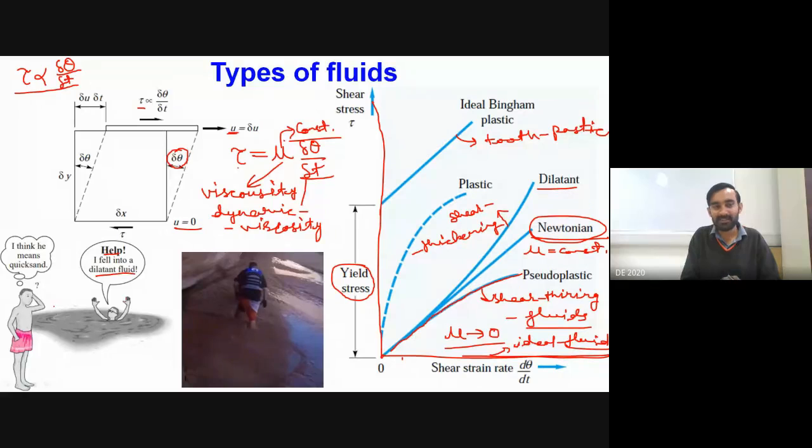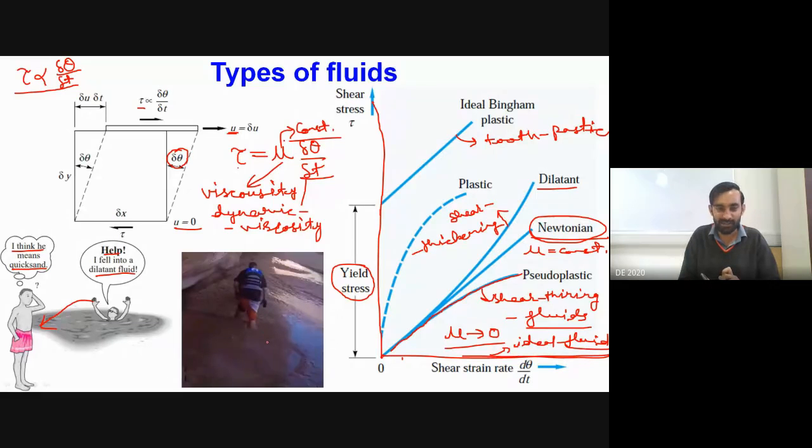The person outside, who is listening, is thinking about what he is referring to as dilatant fluid. Because the person falling inside is an engineer, he is calling it a dilatant fluid. If the outside person is also an engineer, he will immediately think that he means quicksand, because quicksand is an example of a dilatant fluid.